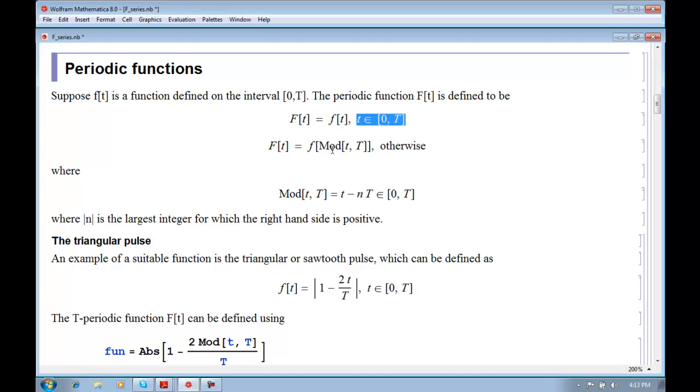So what is mod of t? It's equal to t minus n times T, such that n is the largest integer such that this number is in the original interval.